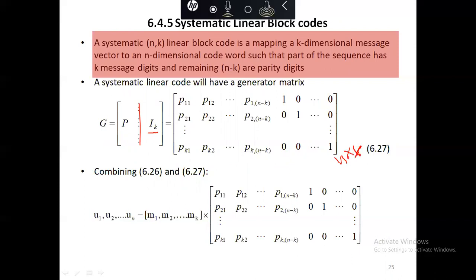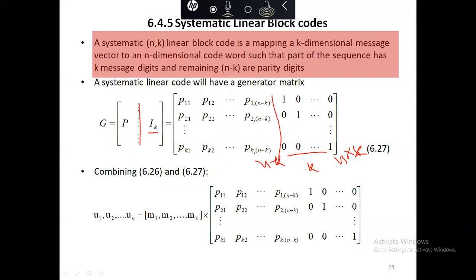Actually, what I'm doing is splitting the n minus k part here, and splitting the rest, k cross k, here.